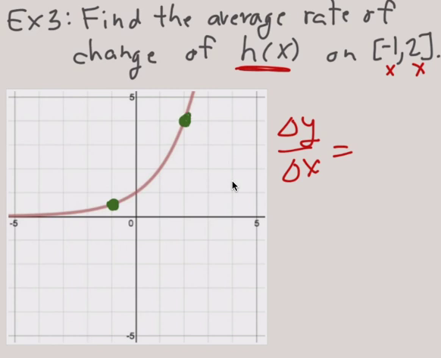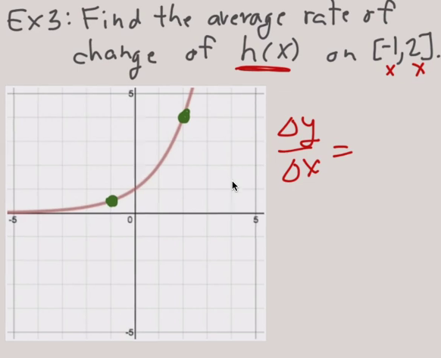Okay. So my change in the y value is how much I have to go up. So if I count that, it's 1, 2, 3, and then a half. So 3.5. I count how far I have to go over. That'd be this length right here, which is 1, 2, 3.